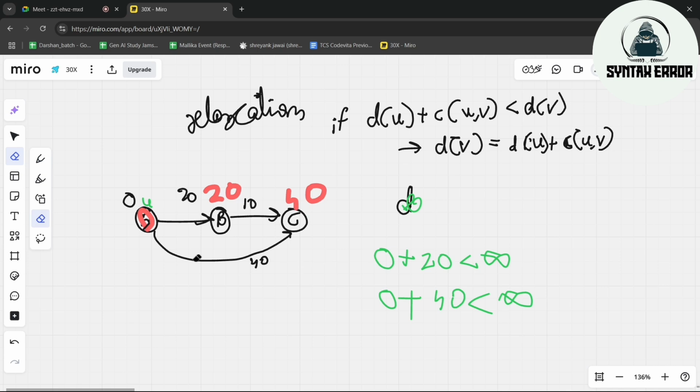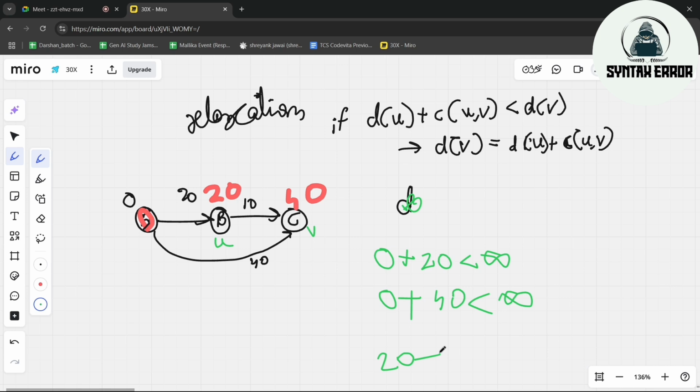Now what do we have to do? We have to update our u. We will update our u and go to our u here. Next we will take this v. Now what will we do? We will again see our relaxation. What is our relaxation? D of u. What is d of u? D of u is 20. 20 plus, what is our c of u?